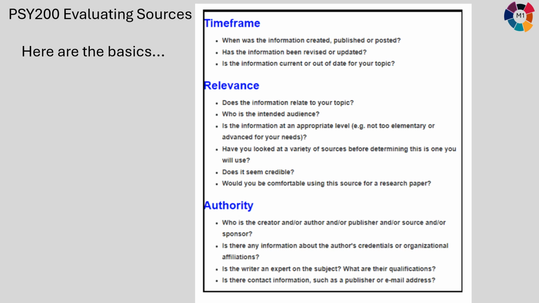Okay, then relevance. So does this information relate to your topic? And maybe it relates to your topic, but does it relate to your research question? So a lot of times students will find, say they're doing a paper on how social work impacts different socioeconomic levels in communities.